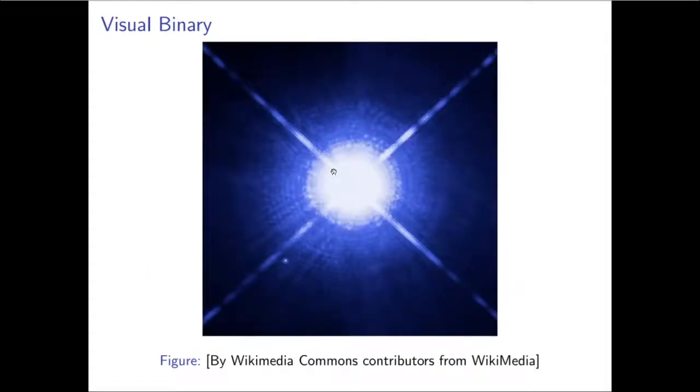And the next type would be a visual binary, and obviously Sirius is a visual binary because it is a binary star system, but we can simply use a good telescope, even a ground-based one sometimes, to identify the angular separation between them. How do you differentiate between a visual binary and an optical double?